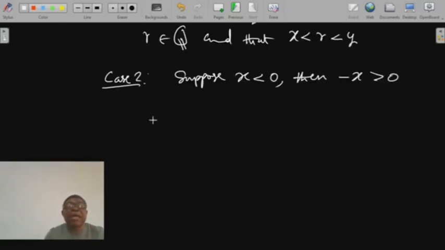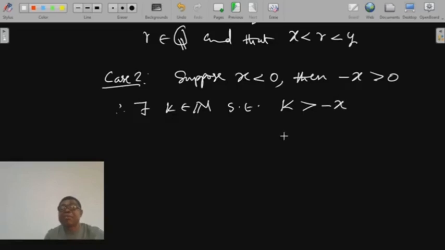And we again apply the Archimedean principle that therefore there exists a certain k in the set of natural numbers so that k is bigger than minus x. This implies that k plus x is bigger than 0.